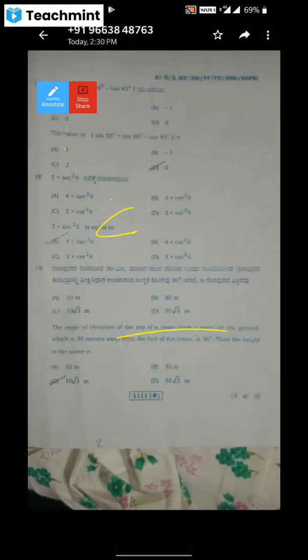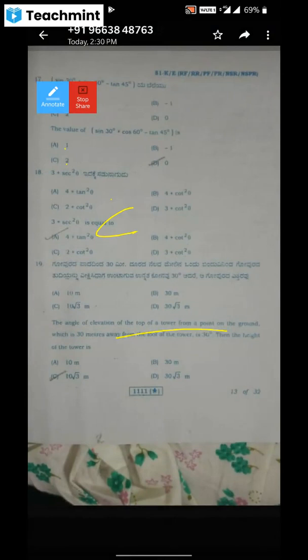So height of the tower divided by 30 is equal to tan 30 degree. Tan 30 degree is what? 1 by root 3. So height divided by 30 is equal to 1 by root 3. So height is equal to what? 30 divided by root 3.